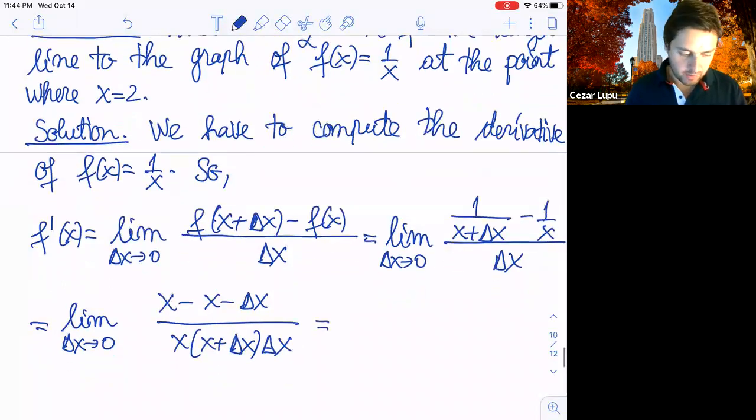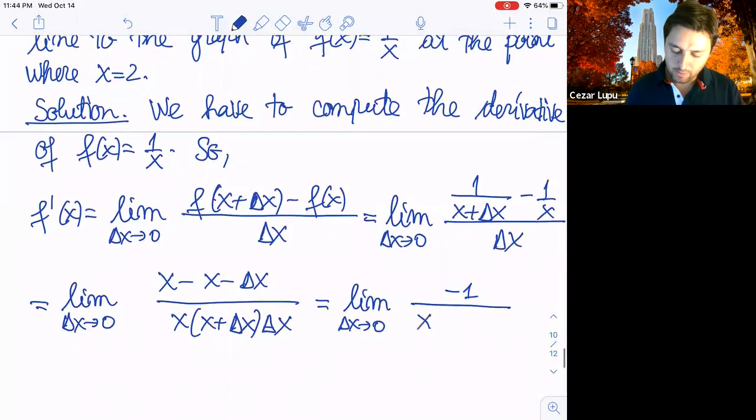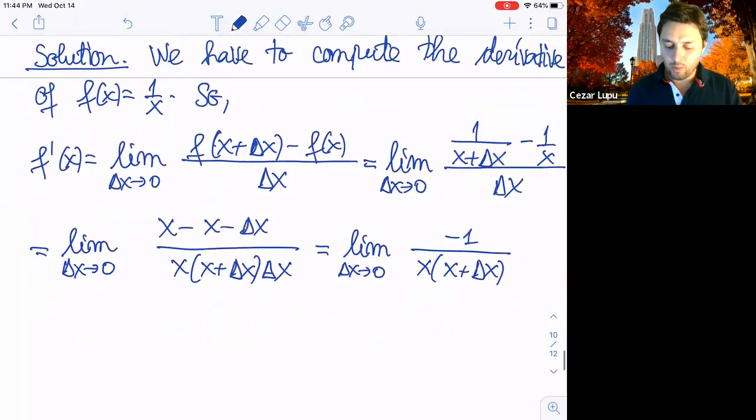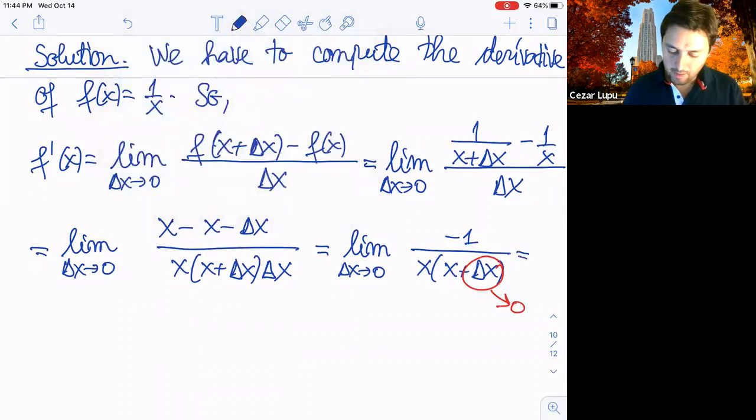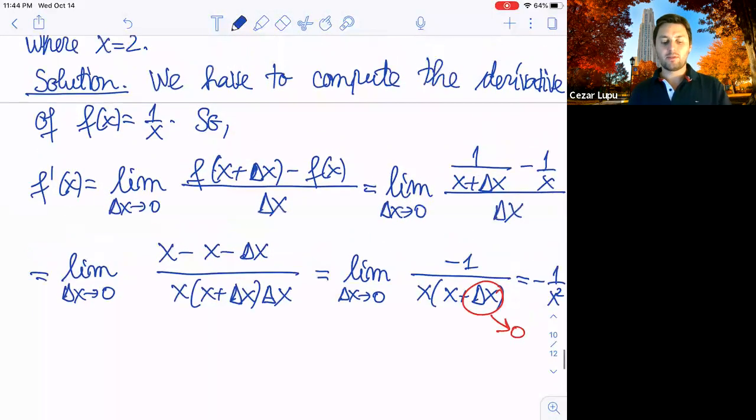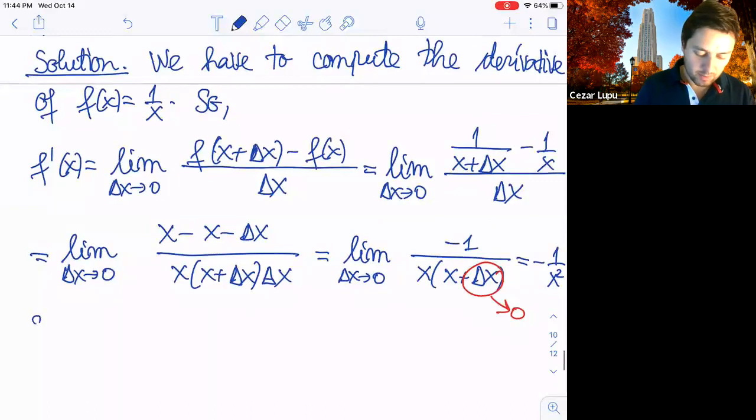So this would give us nothing else than just the limit as delta x approaches 0 of -1 over x times x plus delta x. And well, now you can look at this guy. As delta x approaches 0, this will give us nothing else than just -1 over x squared. Well, that's the derivative. So f prime of x is -1 over x squared.